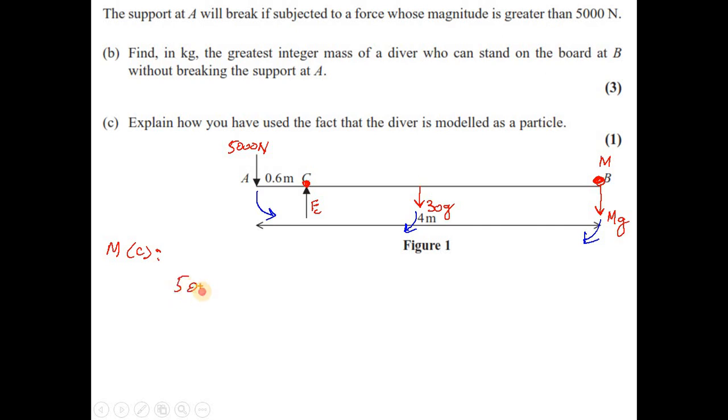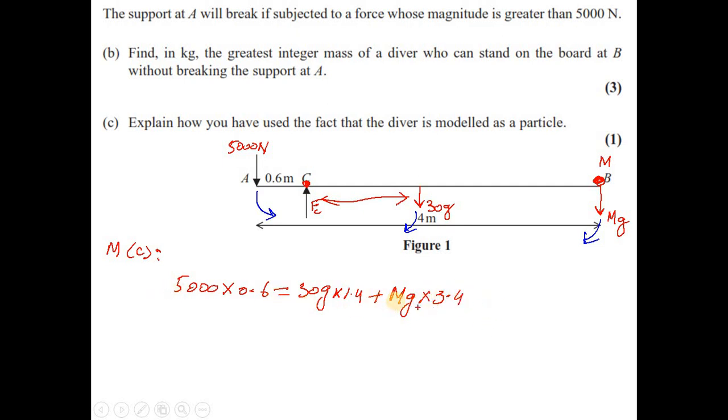For anti-clockwise moment we have 5000 times 0.6 is equal to the clockwise moment, so 30g times, for that we need that distance, it is 1.4, so times 1.4 plus mg times 3.4.